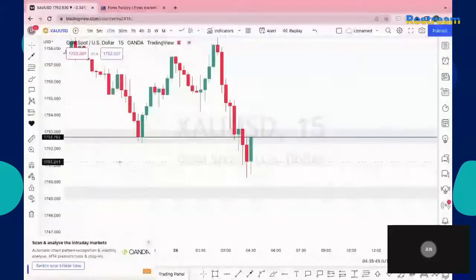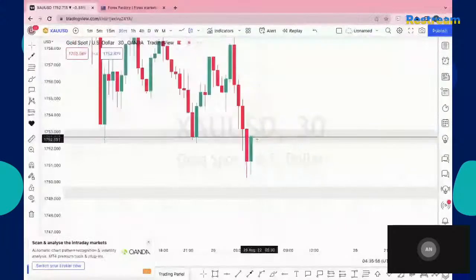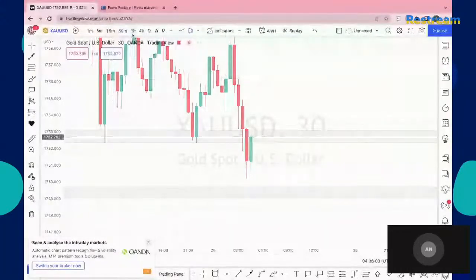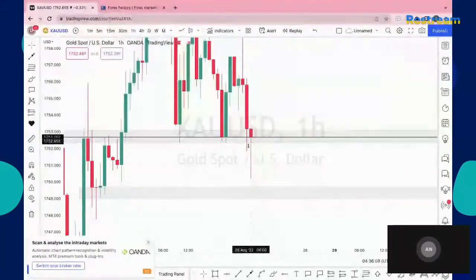So if this 15-minute candle closes strongly bullish and closes above 1752, right? That means this 30-minute candle is going to close strongly, and the 1 hour is going to close with a rejection, an exhaustion candle, right?